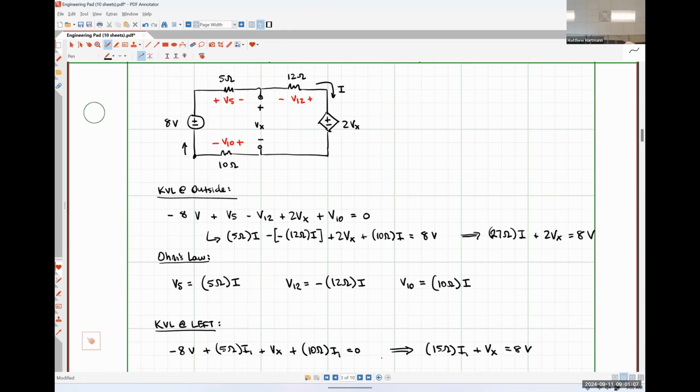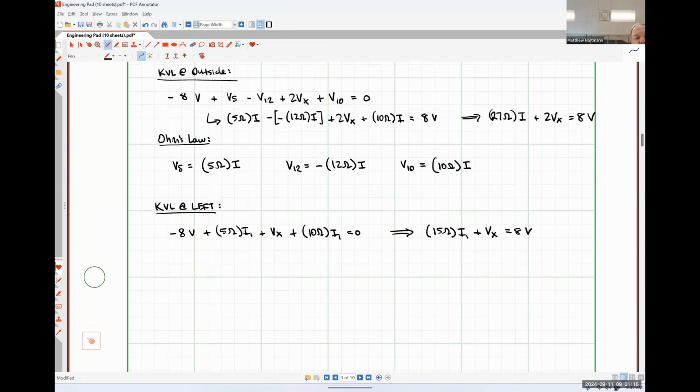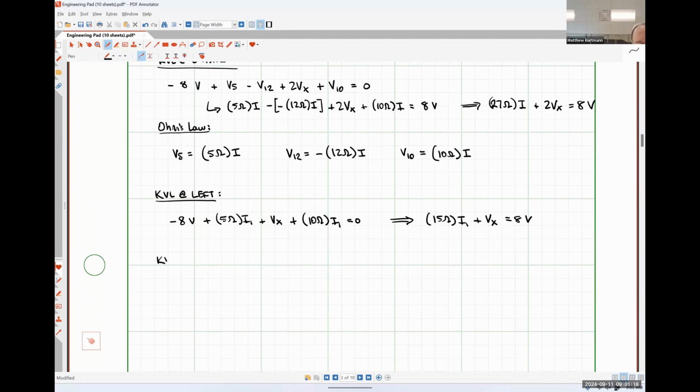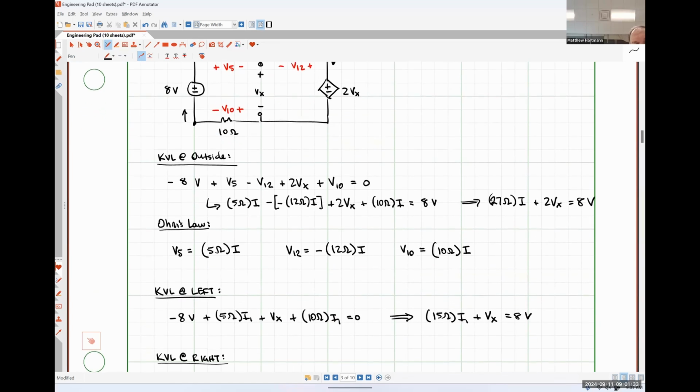The reason why I think things will be slightly better if we do the right-hand side is, let's do it just for the sake of argument. This is actually providing us effectively the same information, or at least enough information to do things. But we would have negative Vx plus, excuse me.